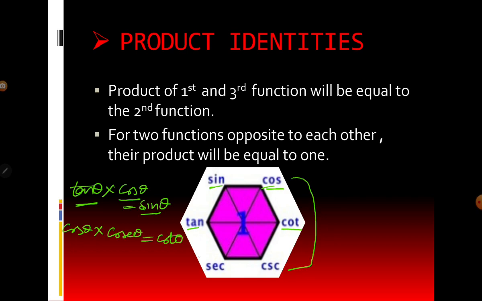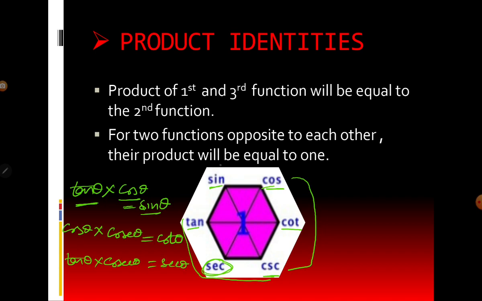Now I am taking these three. Again my middle term is this one. My first term is tan theta, multiplied by the third term, cosecant theta, and I'll get the middle term, that is secant theta.